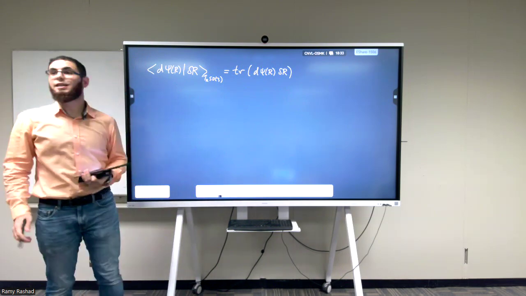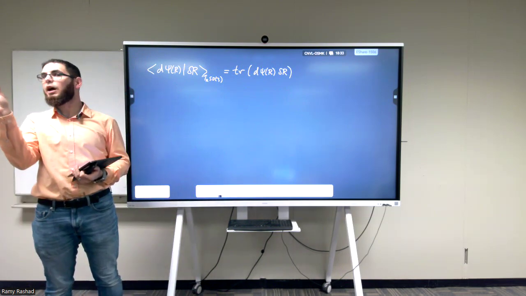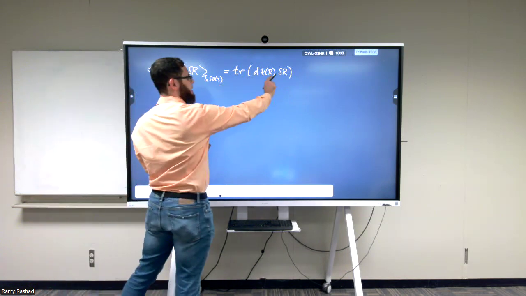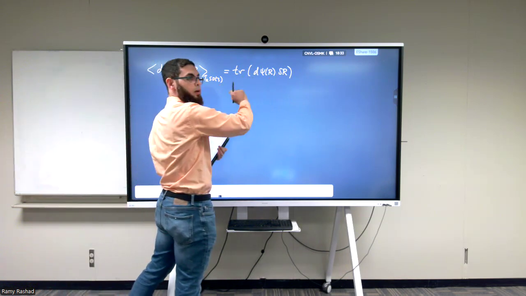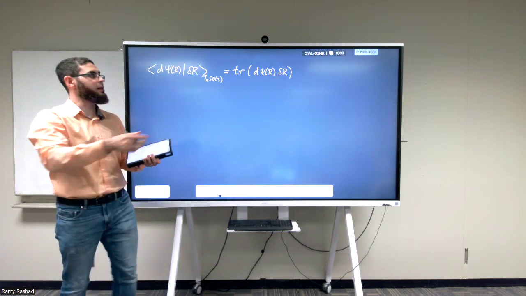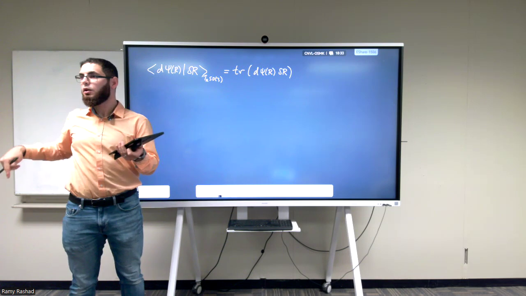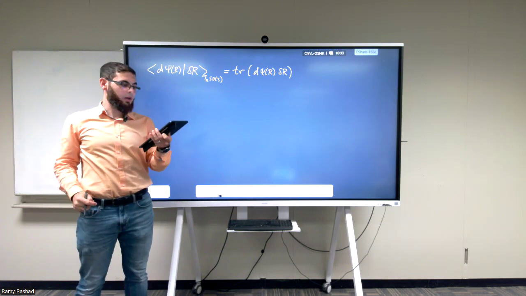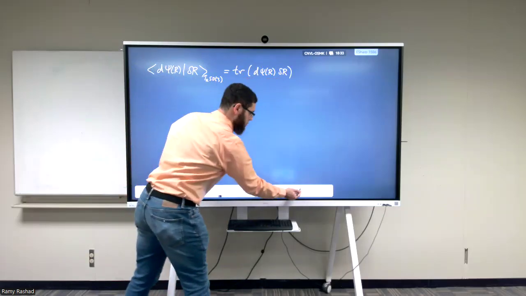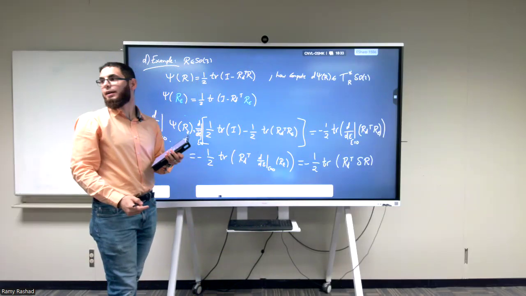Just like when we had a covector multiplied by a vector in R3, a 1 by 3 vector multiplied by a 3 by 1 vector gives a number. Here we have a 3 by 3 and a 3 by 3. We get another 3 by 3 matrix, and the trace makes sure that in the end we have a number. Now compare this to the right-hand side.